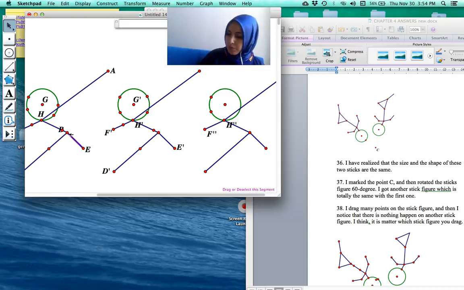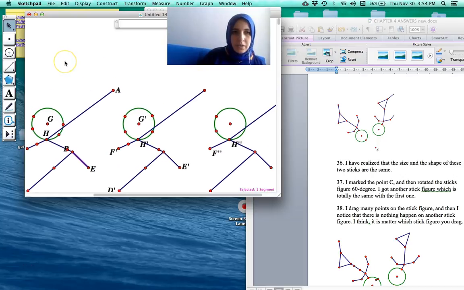And also question 14. Mark vector AB by selecting point A and then point B and choosing mark vector from the transformation menu. Select all the original stick figure and translate it. Where does the image appear relative to the original stick figure?